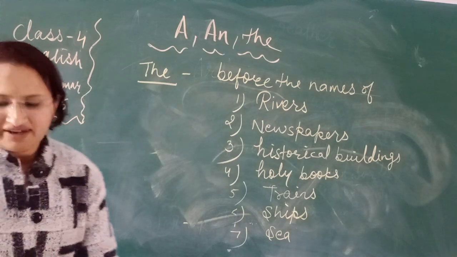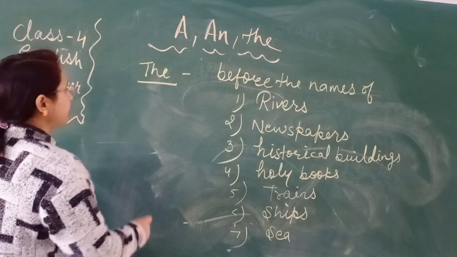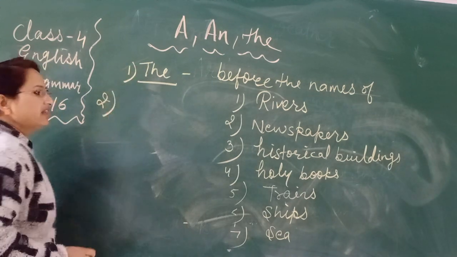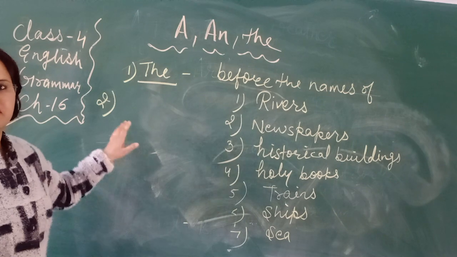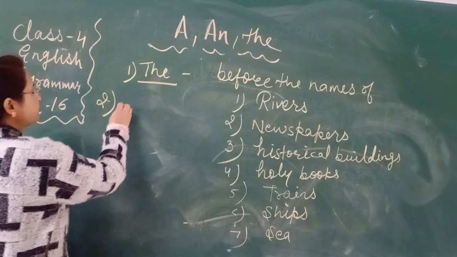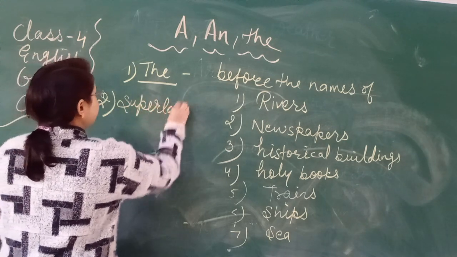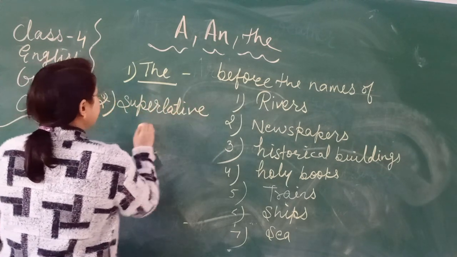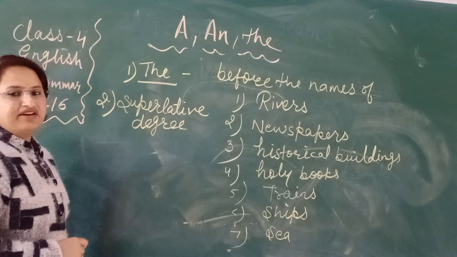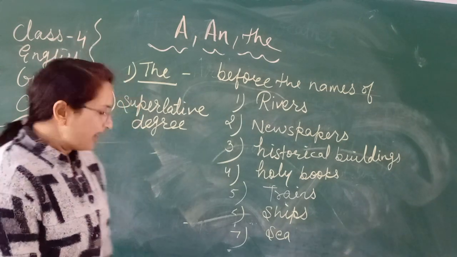Okay. Next thing, where to use article the? Here it is first. Second thing, where to use article the with superlative degree. सुपरलेटिव डिग्री से पहले आर्टिकल the का यूज होगा.